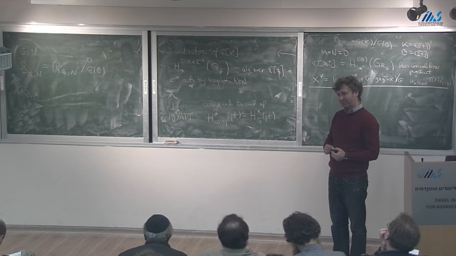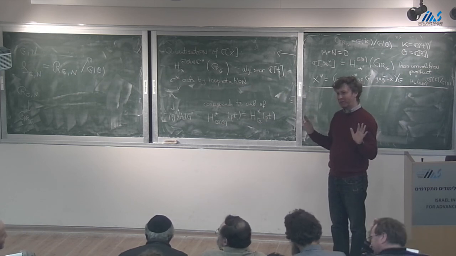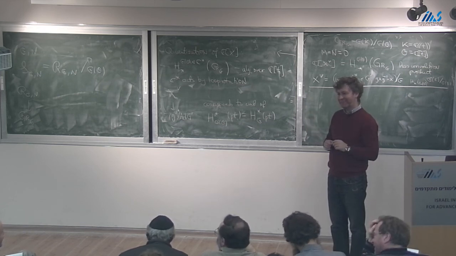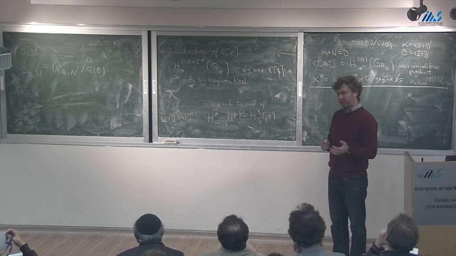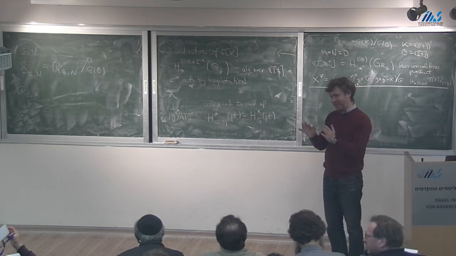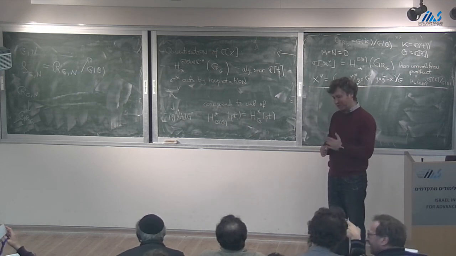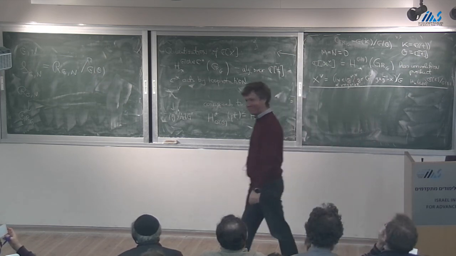It's the same as equivariant cohomology, because for a complete variety, equivariant homology is by definition the equivariant cohomology of the dualizing sheaf. For a point, the dualizing sheaf is just the constant sheaf in degree 0.